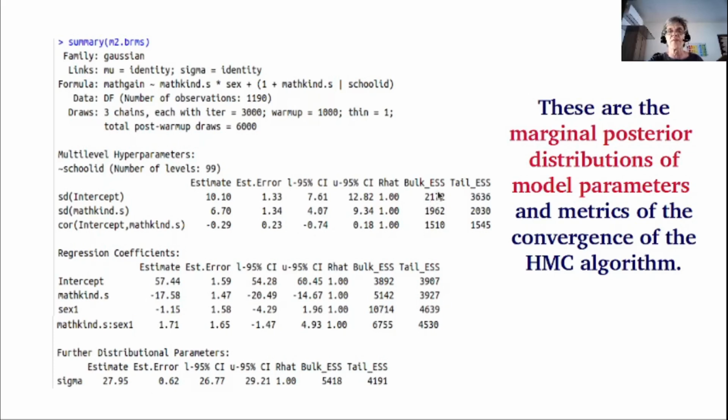In all cases, we have their r hat values close to 1, indicating that the three chains used have converged to a common posterior distribution, and the large values of the effective sample sizes suggest that many of the values retained in the different chains allow a reasonable inference for each of the parameters.